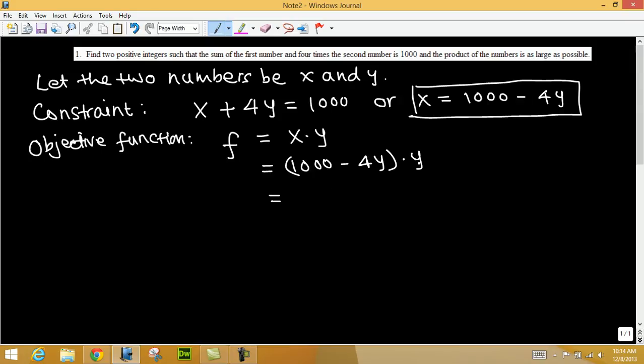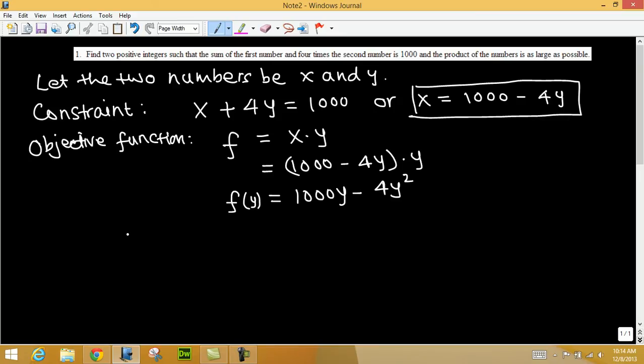Okay, so distribute y from behind, so 1000y minus 4y squared. So now we have the objective function, in terms of y. You can just write f or f of y. Next, we want to maximize this. To maximize or minimize, we always find the critical numbers.